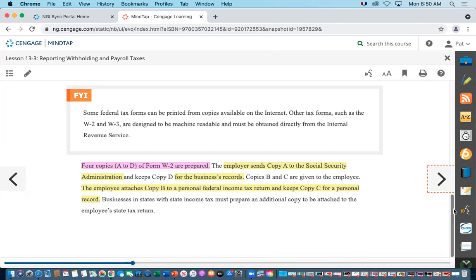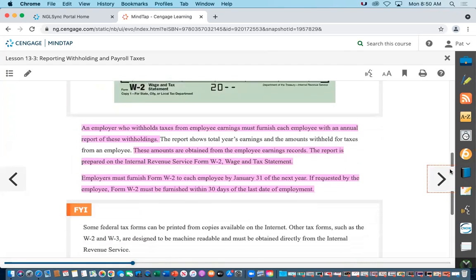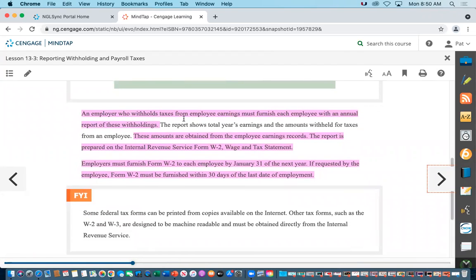This W-2 form is a form that the employer has to get to all the employees, reporting their withholdings, what they've taken out of their check. It needs to be done by January 31st, because you have to give your employees time to finish their taxes and set up a tax appointment.